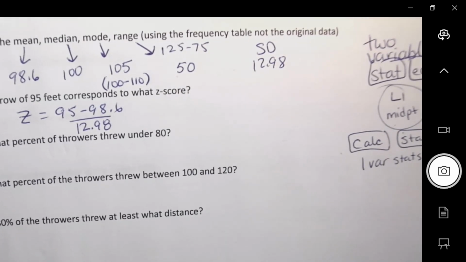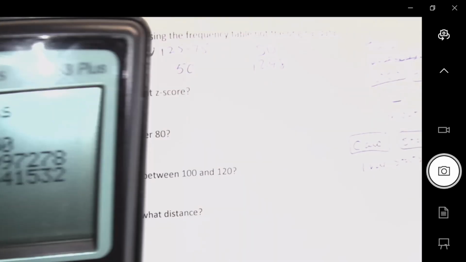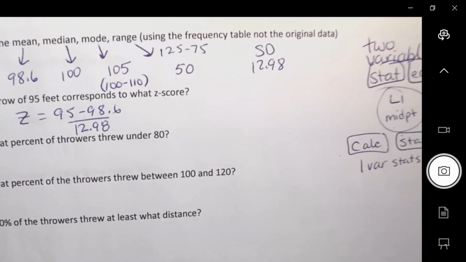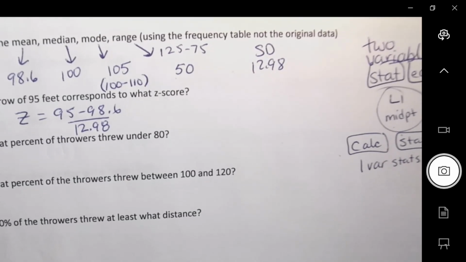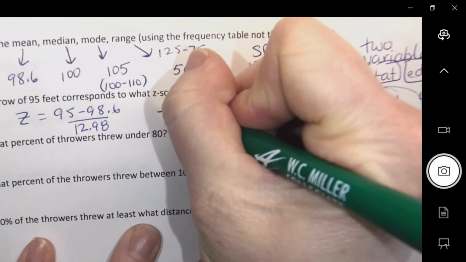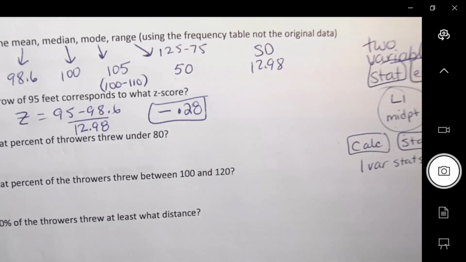Okay, so all that from your VARS stats. It'll tell you all those numbers. You need them all. I'm just below the average, right?